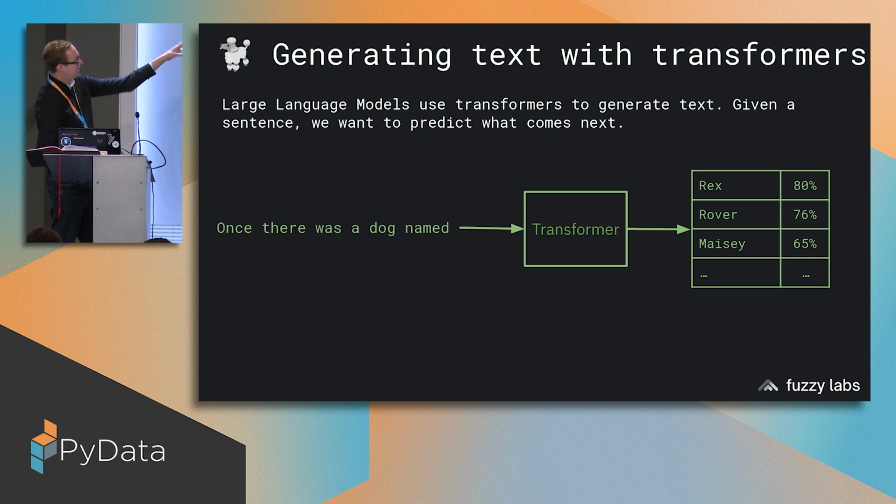Now, I've made a subtle distinction here, because I've said large language models use transformers to generate text. Transformers can do all kinds of things. They can do translation. They can do sentiment analysis and recognition of elements in text. And they can do this predict the next token task.